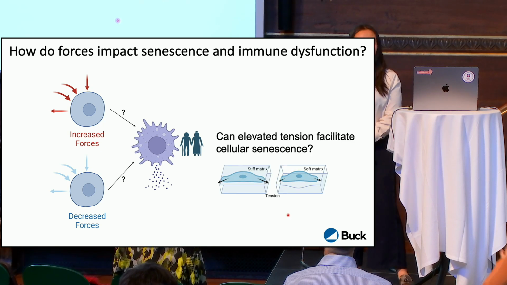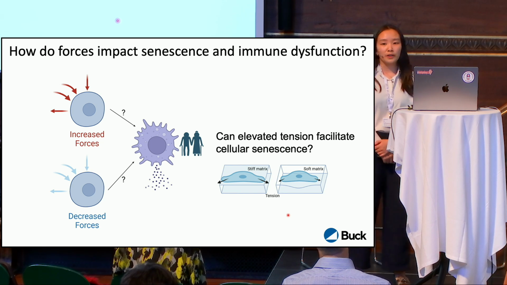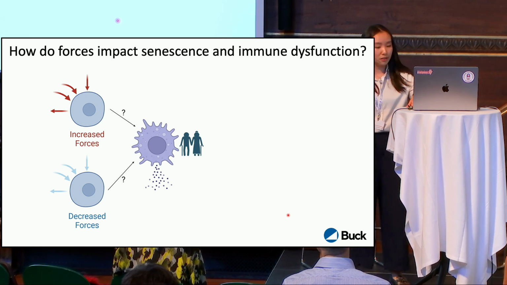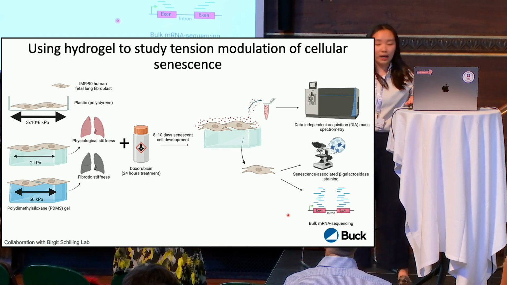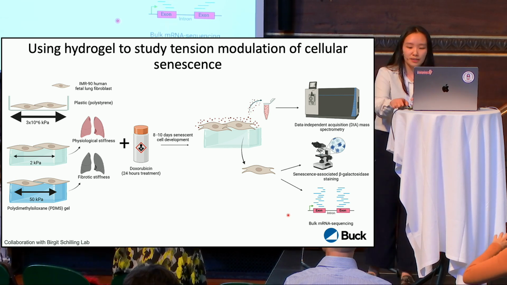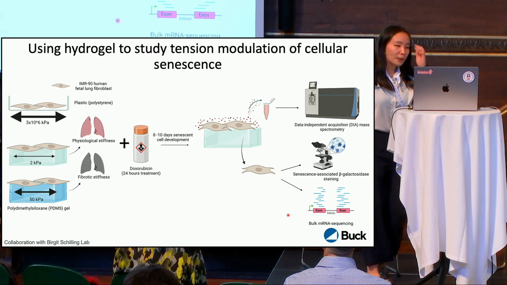For the first part, we ask this question: can elevated tension in the form of increased stiffness facilitate cellular senescence? To do this, we have cells that we can culture on different matrices, and we compare their phenotypes.